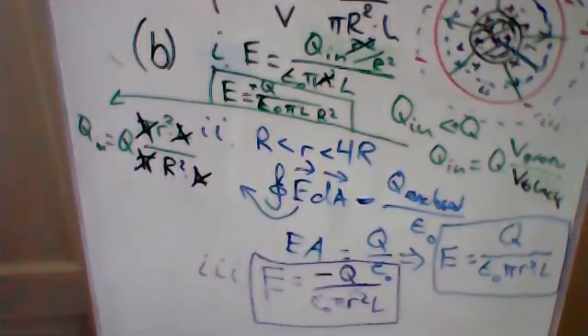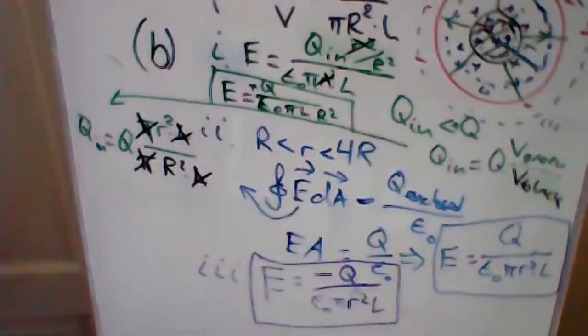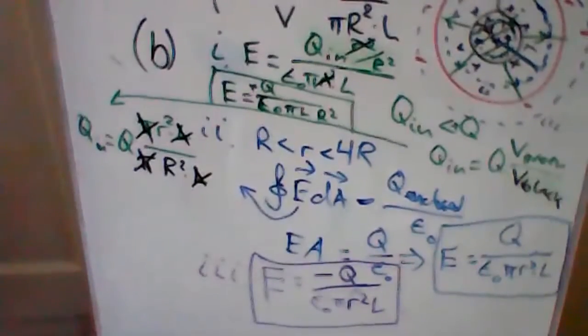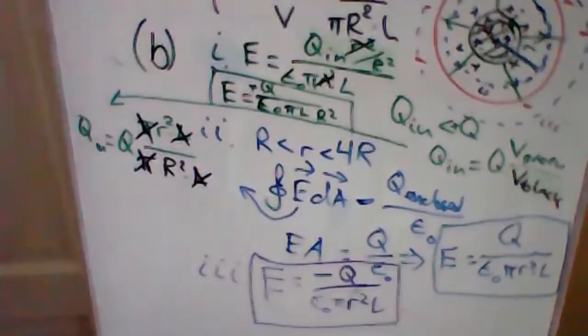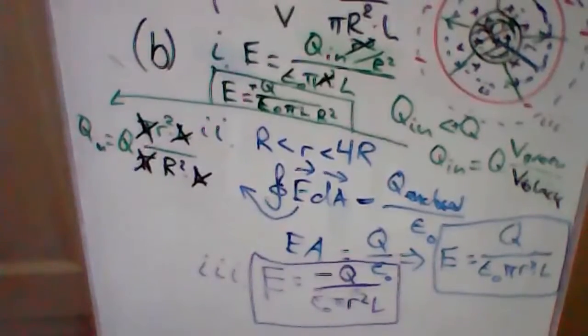Why do they have 2 pi r L for area? Oh, we made a mistake on calculating the area. We calculated the volume, people, not the area. Yeah, that needs to be the surface area.